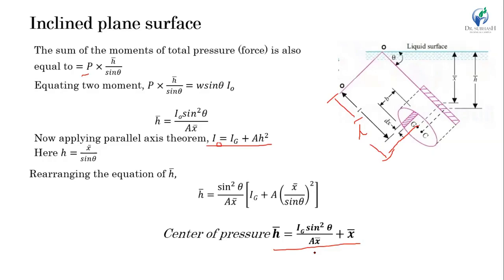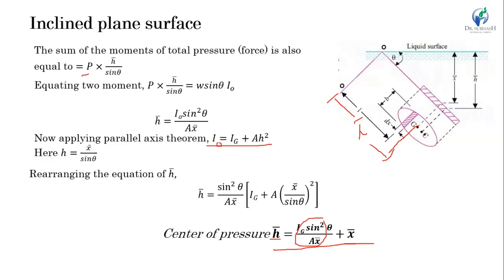So here again we have proved that IG sin square theta is a positive value. Even if theta is such that sin theta is negative, here it is sin square, so it is again positive. IG is also positive, area is positive, and X bar is a distance. So we can say H bar is again the summation of two positive terms, and so the value of H bar is always larger than X bar.